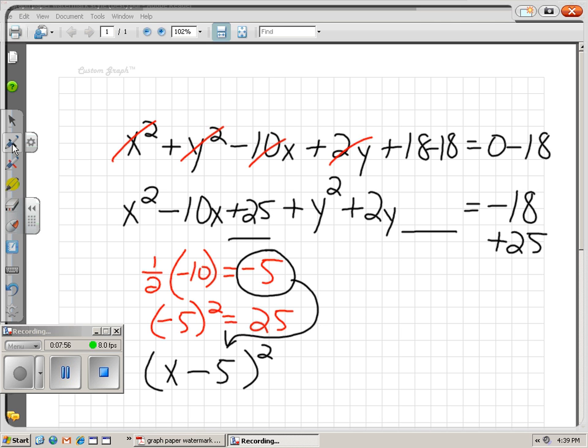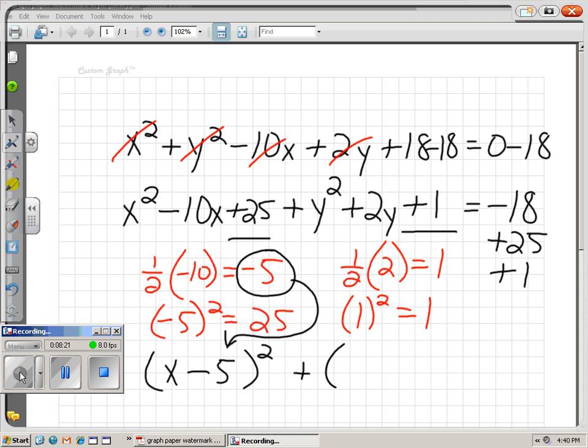There's a little shortcut for you. Okay, let's go back to the y. And how do we complete the square on the y? I take half the number by the y, the 2. That gives me 1. And I square the 1. That still gives me 1. So I'm going to add 1. That's my magic number. That completes the square on the y. And don't forget to add 1 on the right.